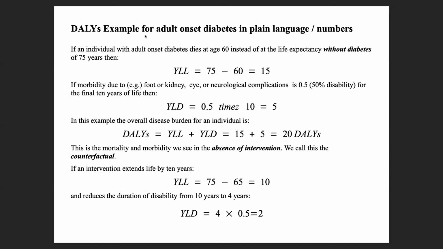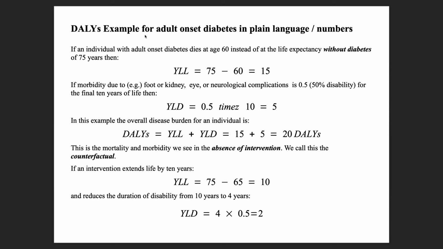In this example, the overall disease burden in terms of DALYs is years of life lost plus years lived with disability. So that's 15 plus 5, so 20 DALYs. So the mortality and morbidity associated with adult onset diabetes in this example is 20 disability adjusted life years. 15 of those are deaths, 5 of those are a short period living with reasonably severe disability.